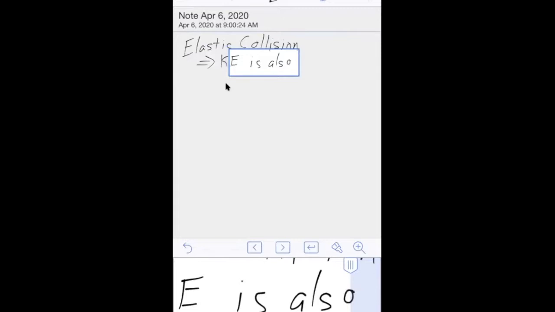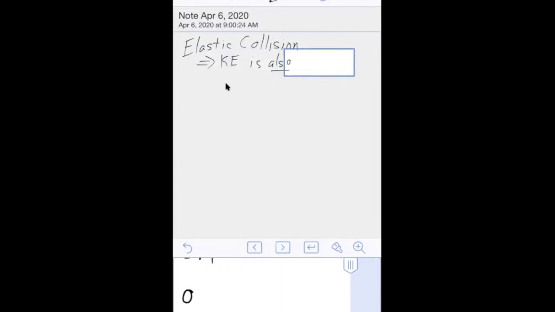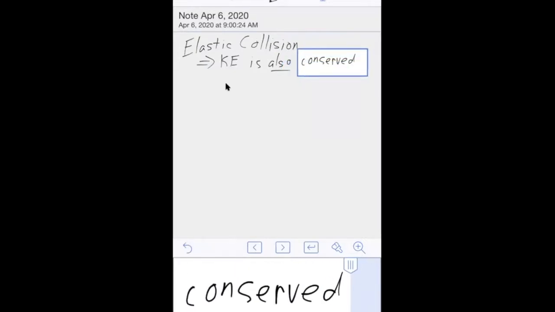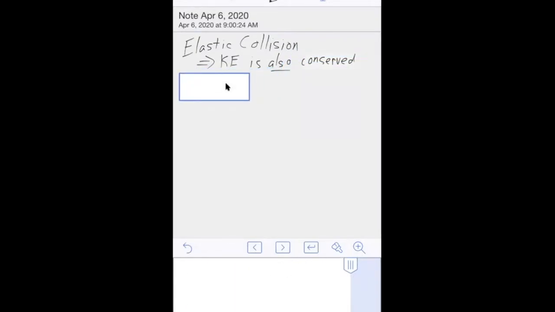Okay, so momentum is always conserved as long as there's no forces from outside the system that's been defined. But only in certain cases, you have to be told that the collision is elastic in order to say that kinetic energy is conserved.